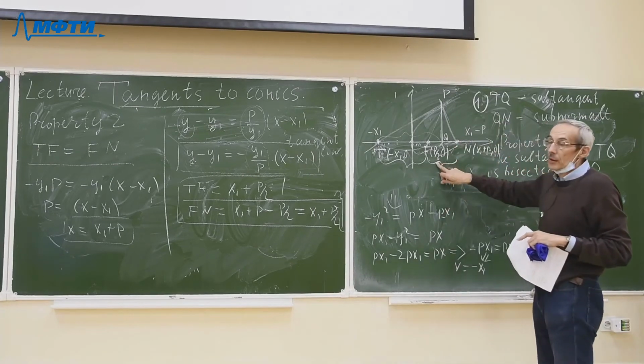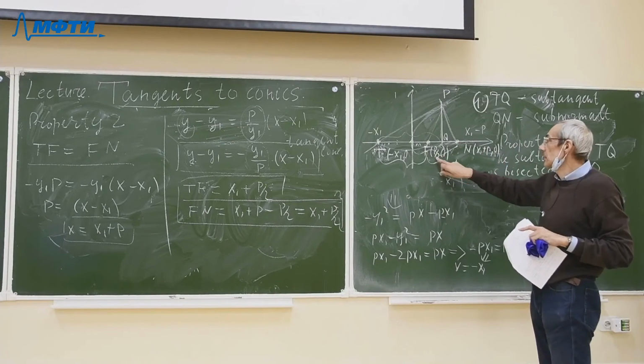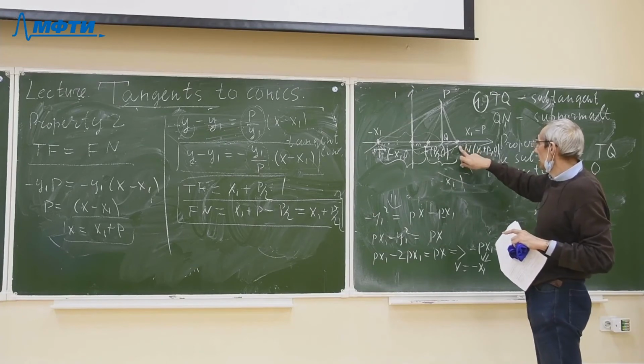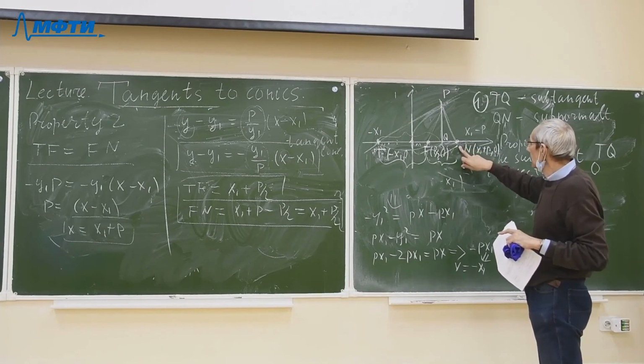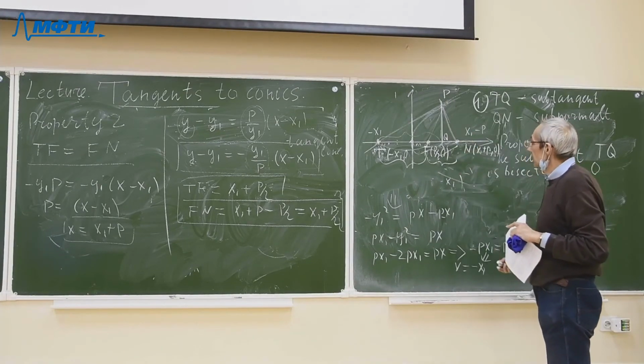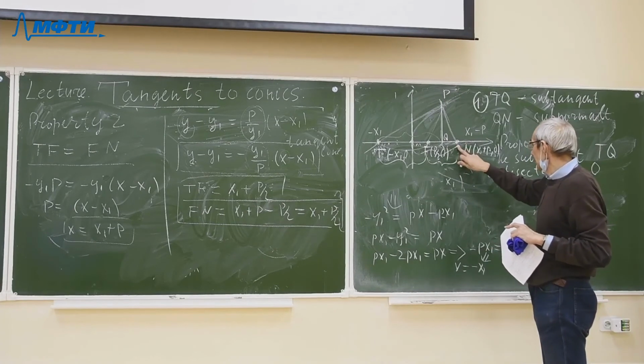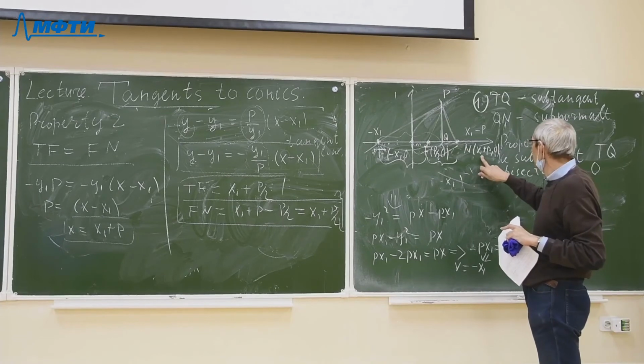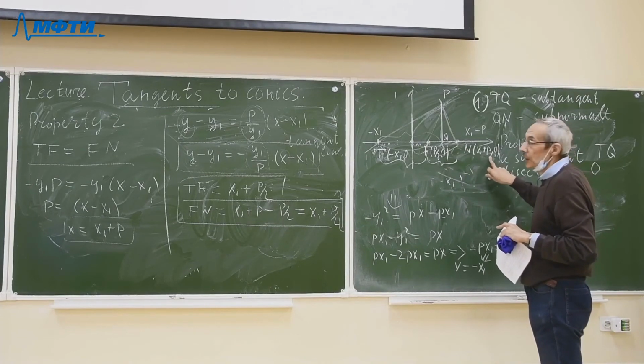By definition, the focus has the first coordinate p divided by 2. And the first coordinate of point N, the intersection point of the normal straight line and axis OX, is equal to x1 plus p.